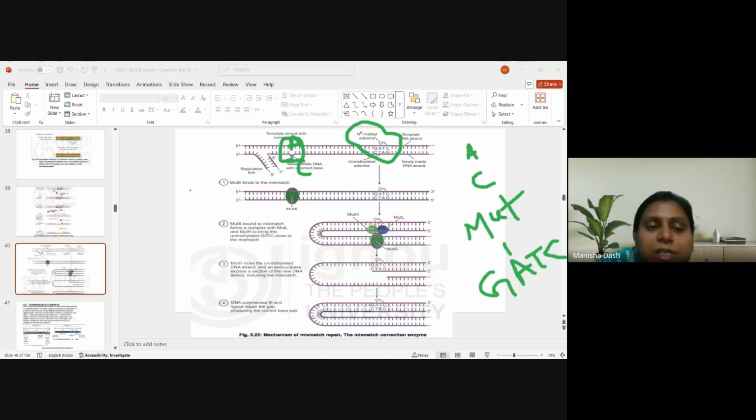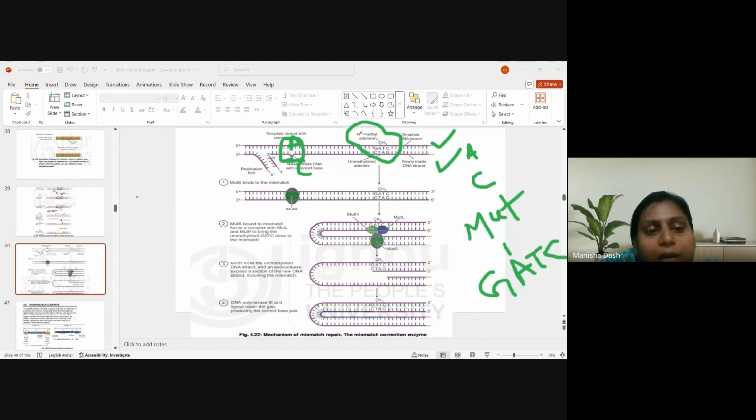Whatever epigenetic modifications are there, they are present in the template strand. After the DNA is completely synthesized, only then is the methylation added to the new strand. That is how you can distinguish which is the template DNA and which is the newly synthesized DNA.